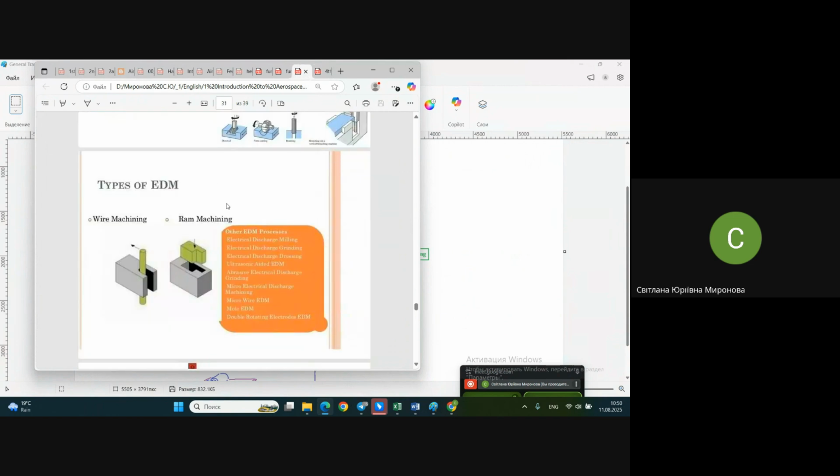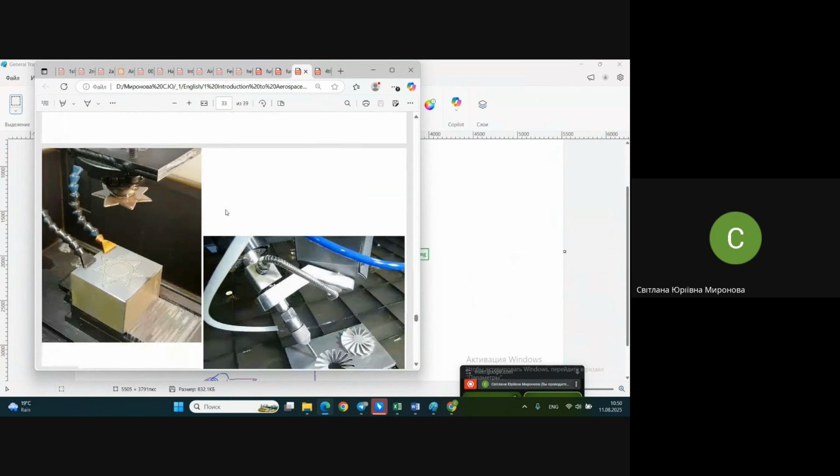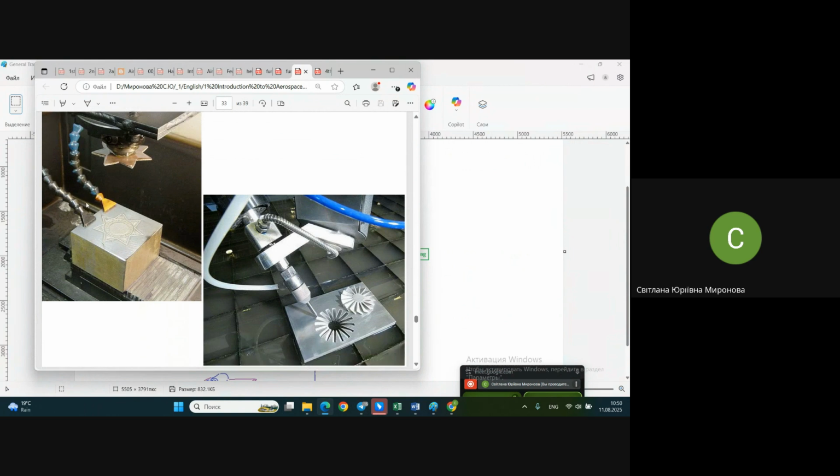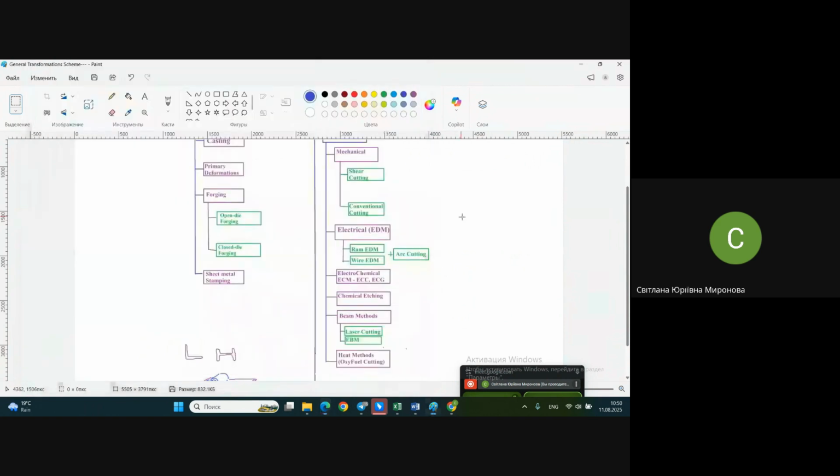And let's see some slides here also. Once again, it's jet cutting on this side, and here is something called electrical etching. Look, here is electrochemical machining, electrochemical etching.